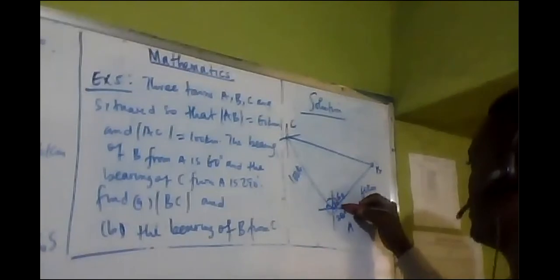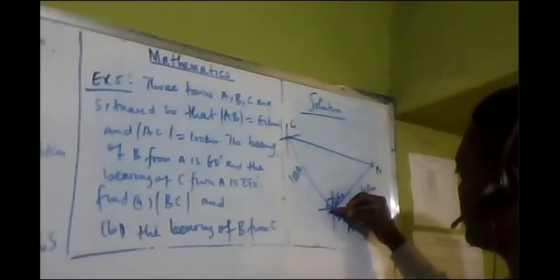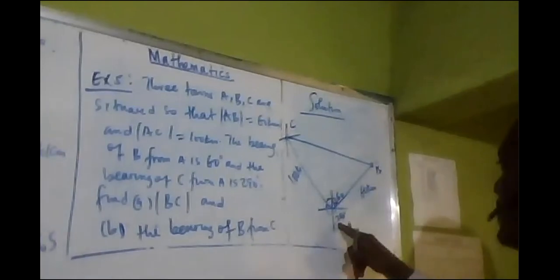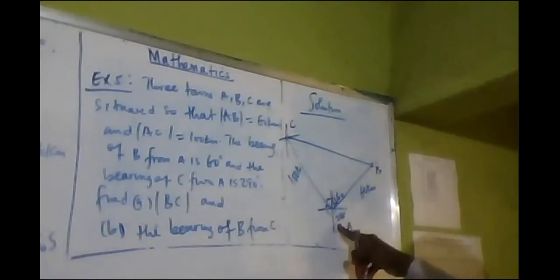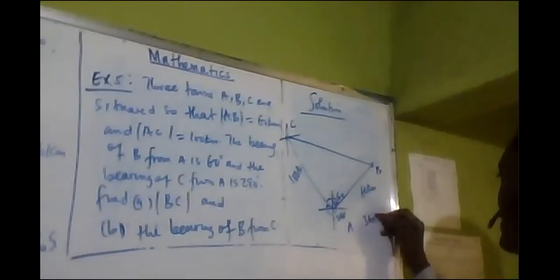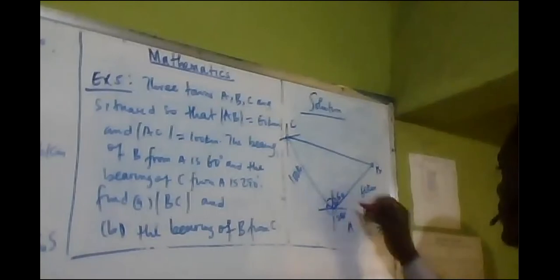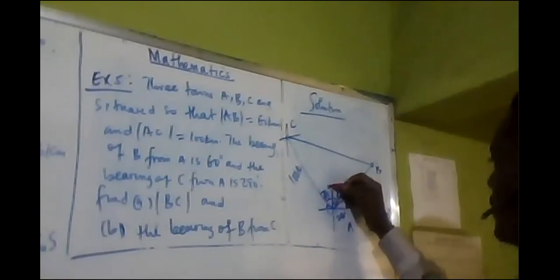What's this point? So for us to get this point, it should be what? 360 minus what? 290. Again, 360 minus 290. So what's 360 minus 290? That should be 70 degrees. So this point is 70 degrees.